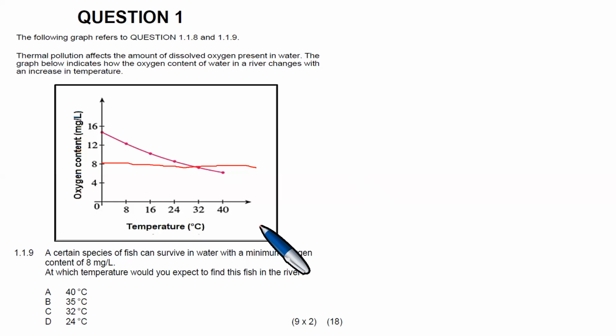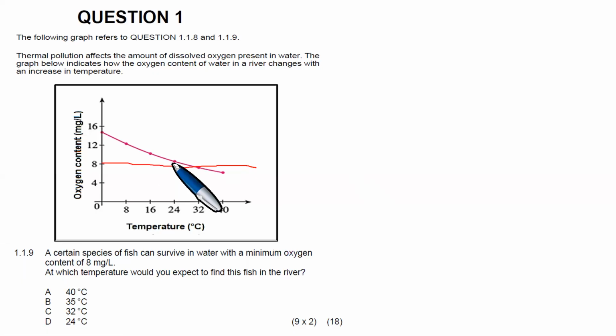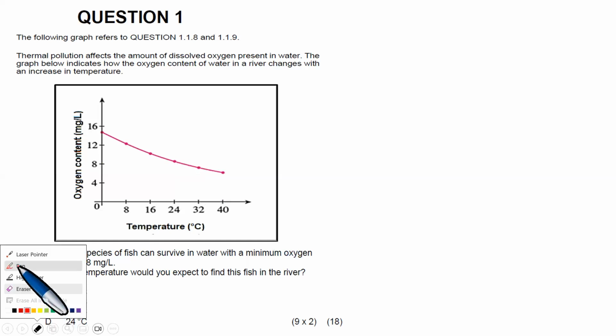That's pretty obvious. My line is not straight, but a reasonable option would be, if you put a ruler there, I could put a ruler just to bring a straight line.